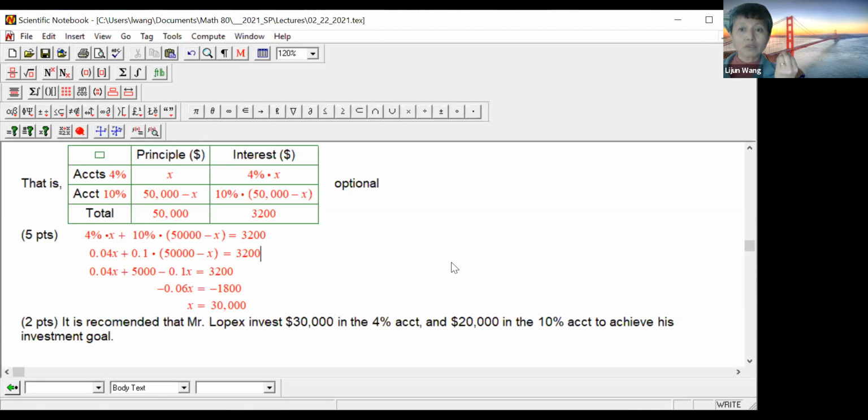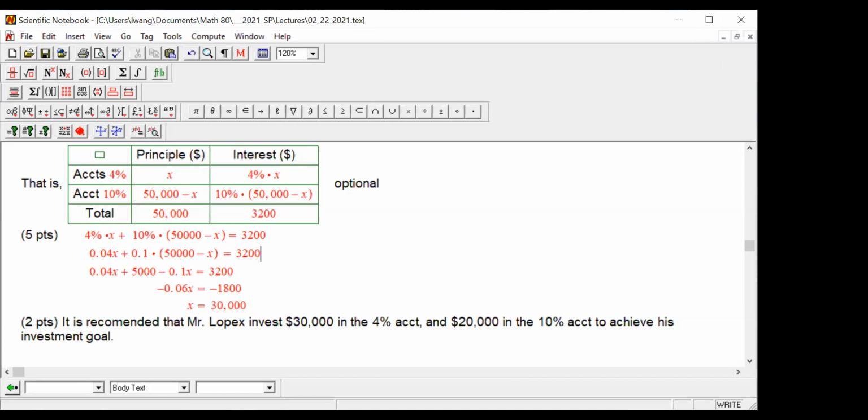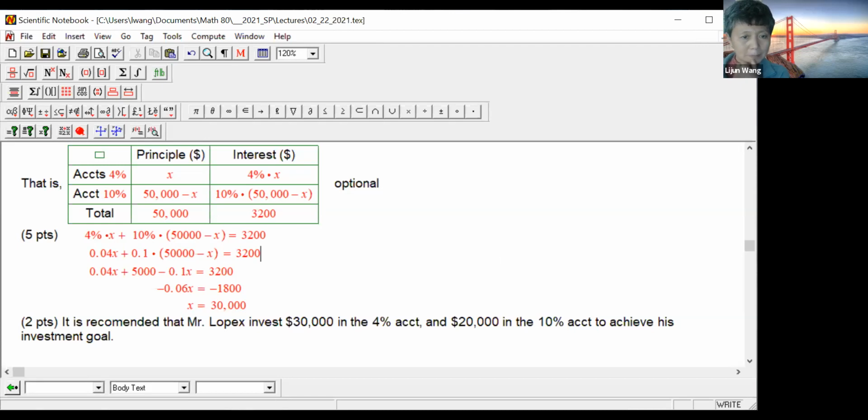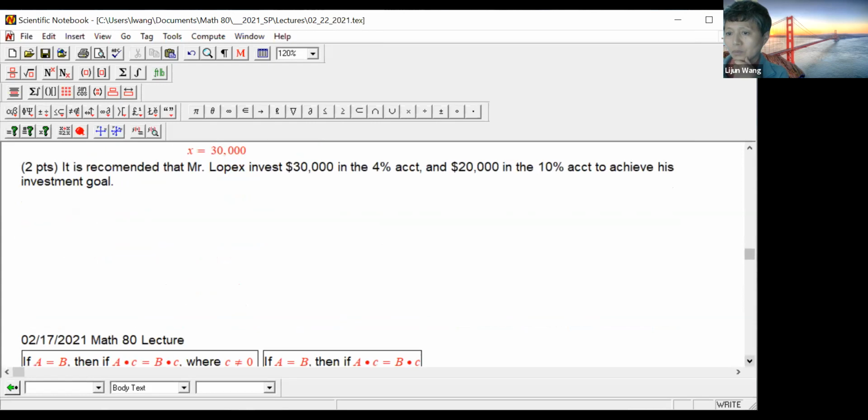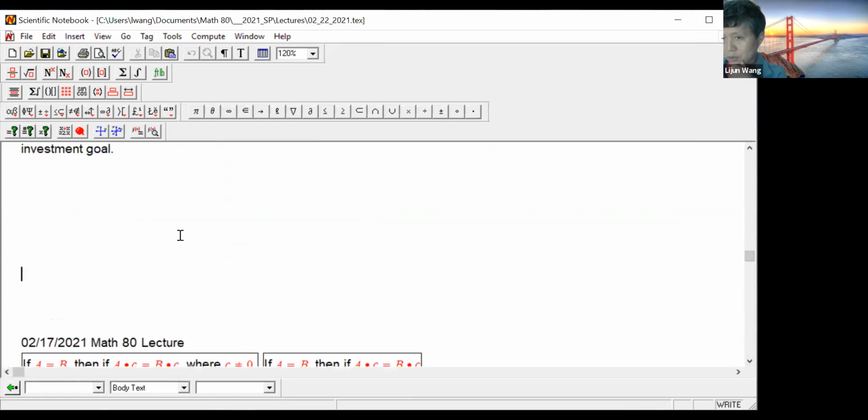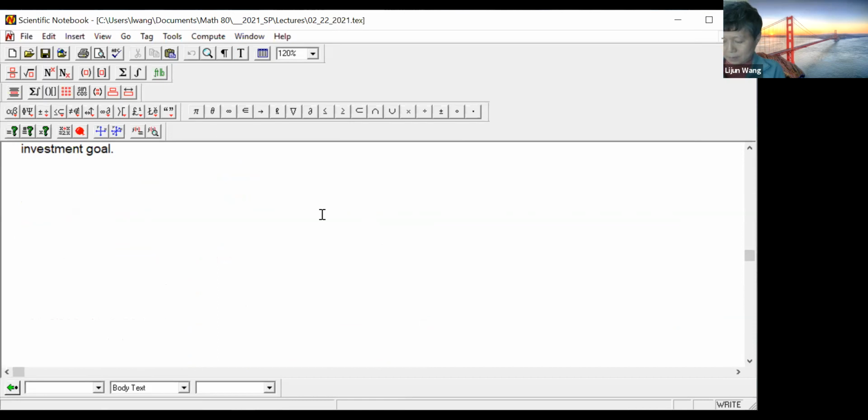If you understand this question completely, I would like you to try another one. Are you ready? Would you like to try number 2 in the notes? Alpha 2, number 2. So please try number 2 in Alpha 2.